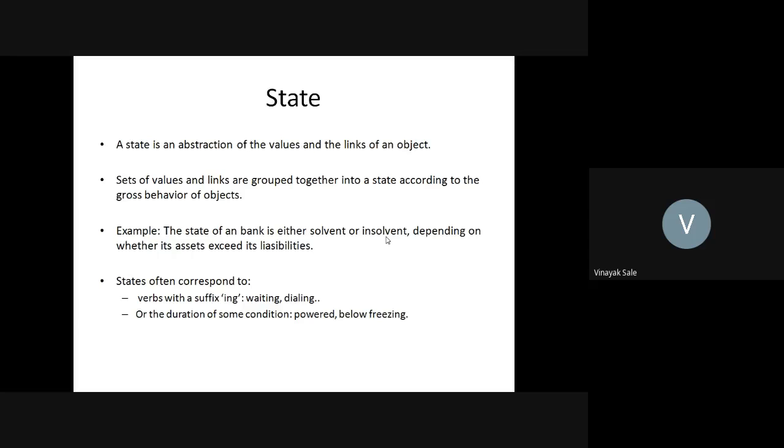Then next, state. State is an abstraction of values and links of objects. The values and links are grouped together into a state according to the gross behavior of objects.